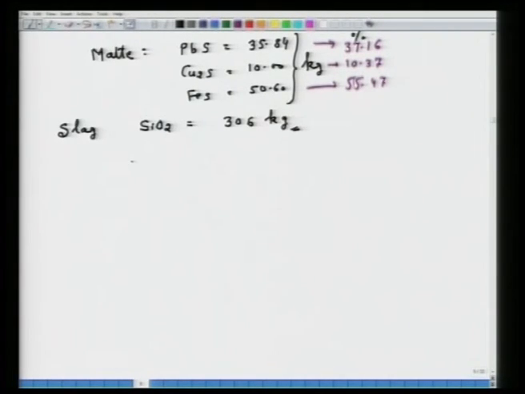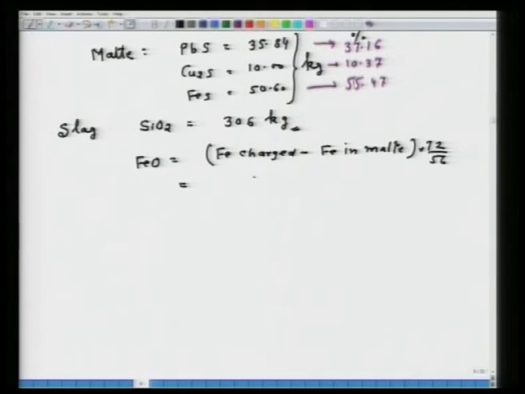Then you have to calculate FeO. FeO would be, so iron charged minus iron in MET. Do not forget to convert it into FeO, that will be 72 by 56.